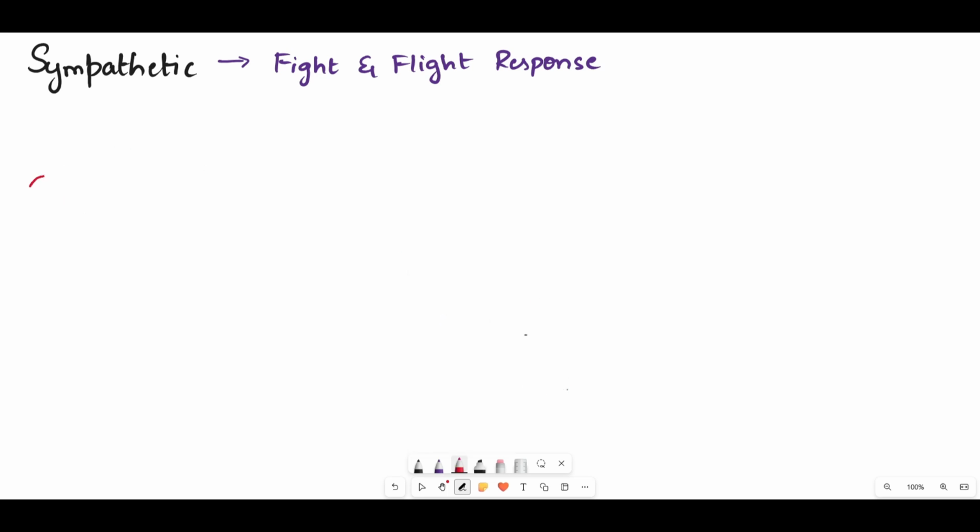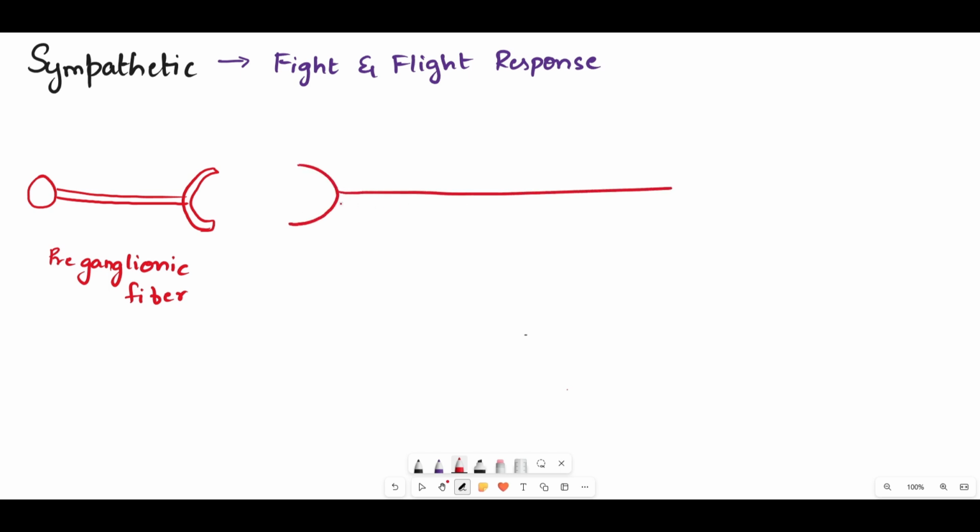So here, consider this molecule. Consider this part as a preganglionic fiber. And consider this portion as a postganglionic fiber.